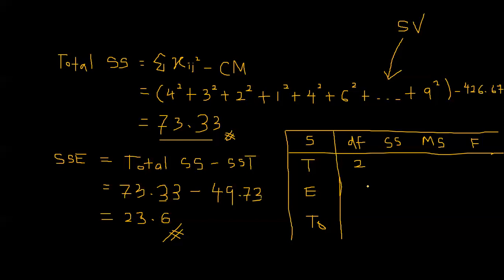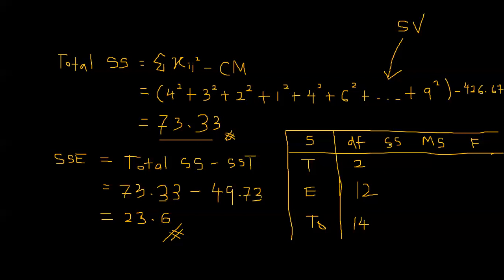So it is N minus K. So the total value of N we have is 15. So minus with K treatment is 3. So we will get the degree of freedom for error is 12. Okay. And the total value 12 plus 2, we will get 14.